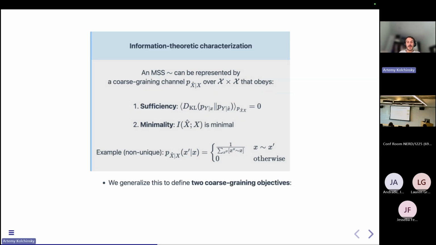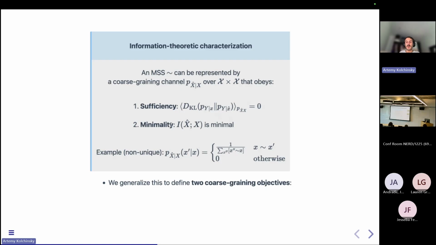The interesting thing about this, and I think this often happens in math, is that there are many equivalent ways to write one thing, but when we try to generalize that thing, those equivalent ways give rise to different generalizations. There are many equivalent ways to formalize what a minimal sufficient statistic is, but those give rise to different generalizations when we think about approximate minimal sufficient statistics.